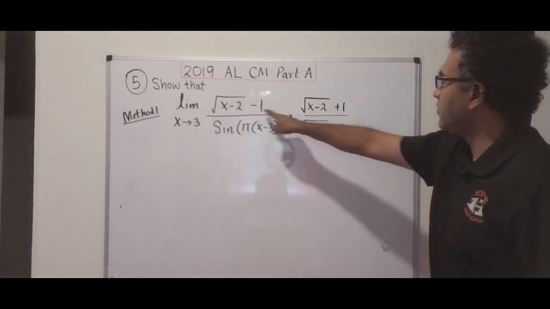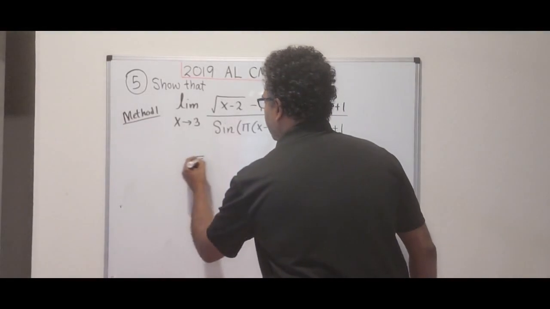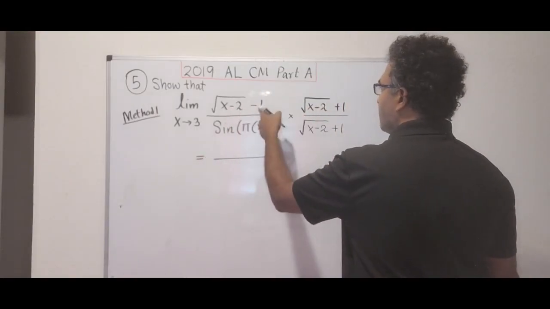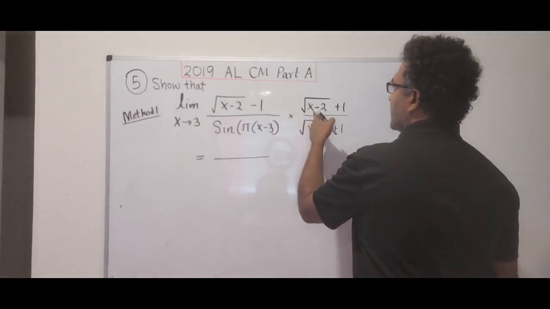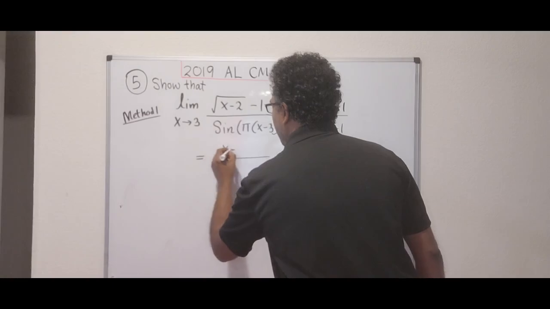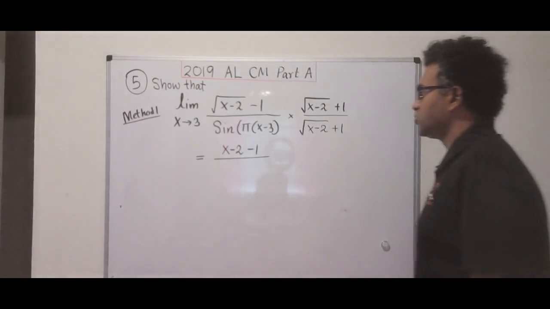If you look at the numerator, it's going to simplify. Square root of x minus 2 minus 1 times square root of x minus 2 plus 1, you will see that it's going to be x minus 2 minus 1.